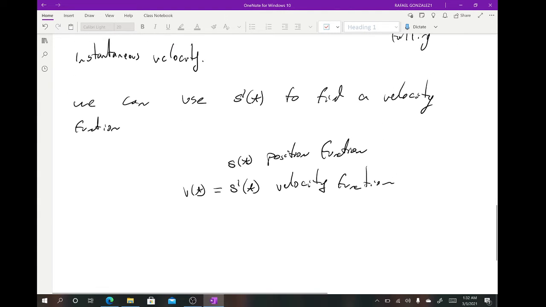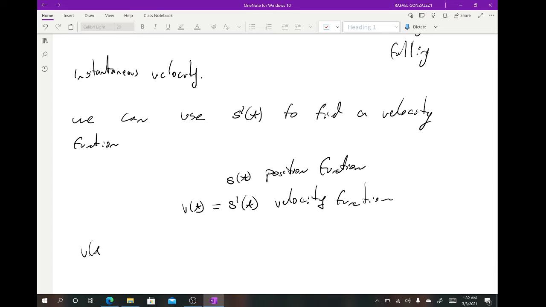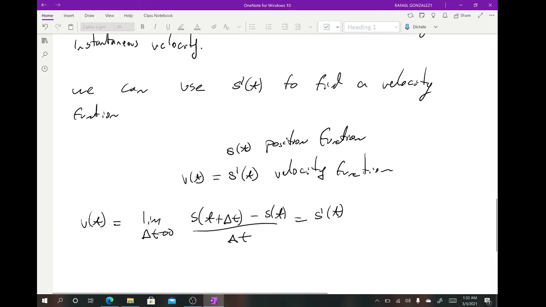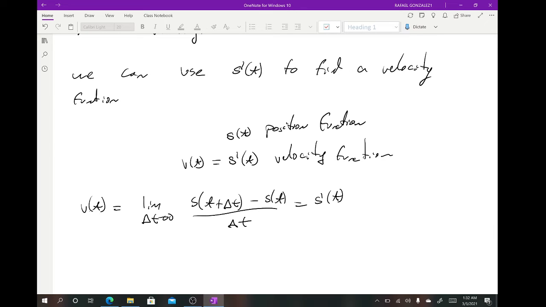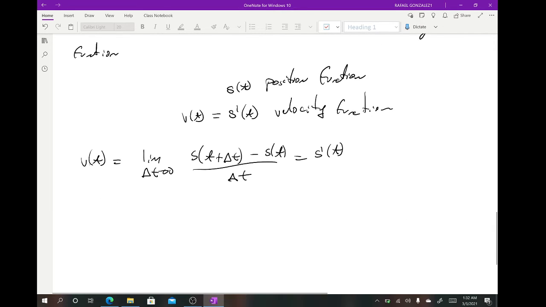Okay, so v of t, the velocity function of t, is simply the limit as delta t goes to 0 of s of t plus delta t minus s of t divided by delta t, which is again the definition of the derivative of s of t. So this is actually extremely useful when we're dealing with problems like this, with position and velocity.